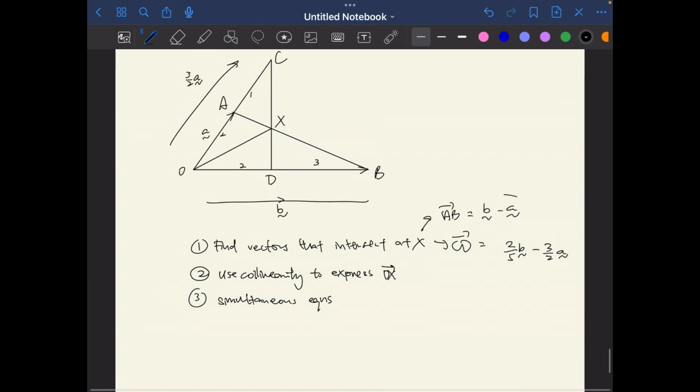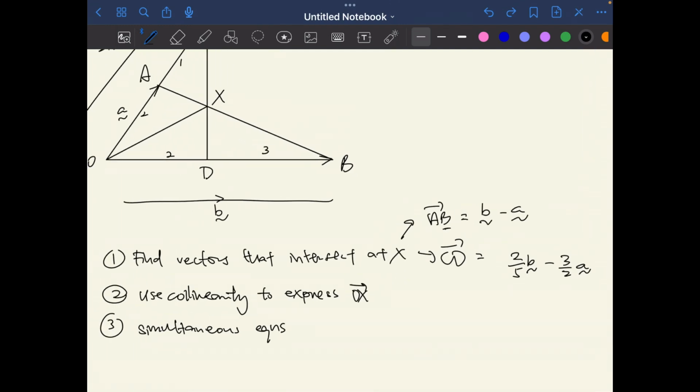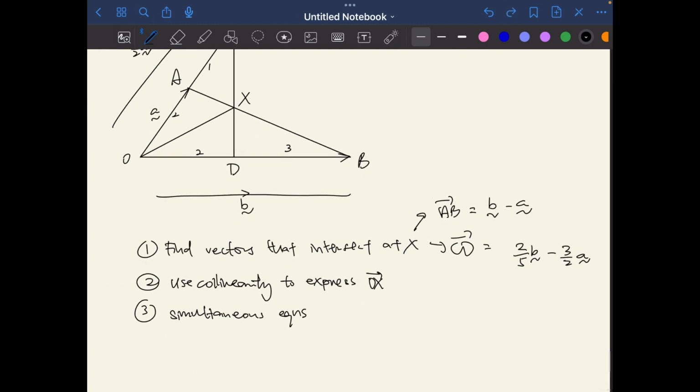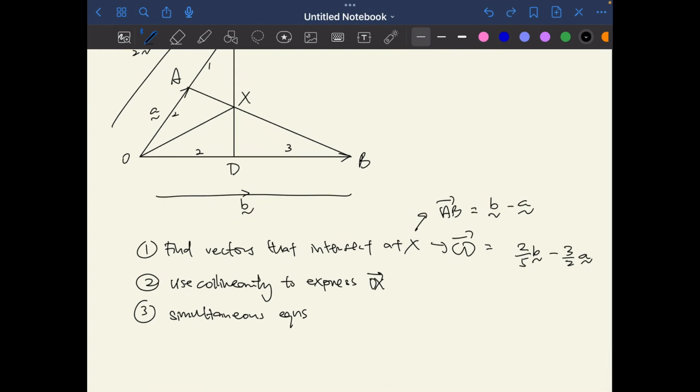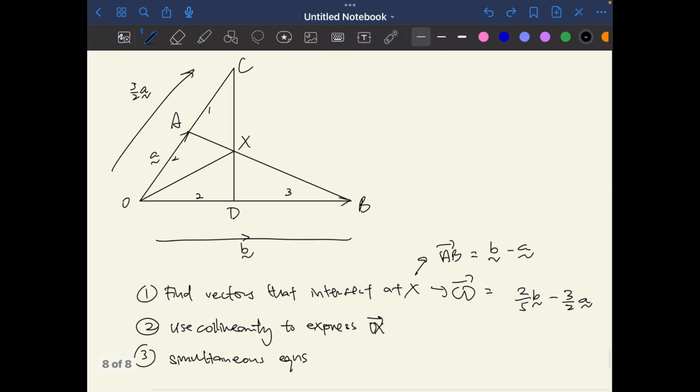So this is actually using your vector subtraction rule. It's like AB equals OB minus OA to get this. Okay, and then after you get these two vectors, you know that they can be re-expressed in terms of OX because they are collinear. So if, for example, you take points A, X and B, they are collinear.